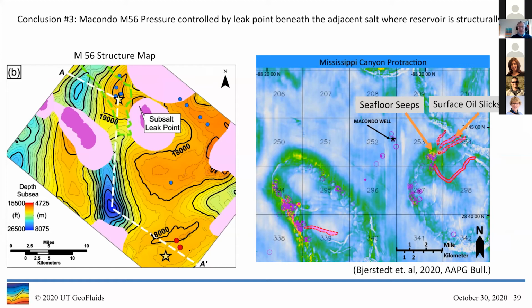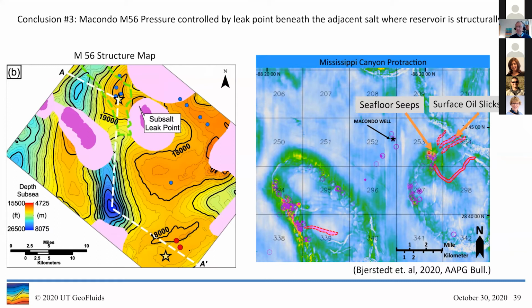These are imaged with synthetic aperture radar. You could go out there today and find these seeps on the sea surface. And then the seafloor seeps themselves have been investigated by ROVs, and they've been imaged with side scan sonar. And so they've also been physically shown on the seafloor.